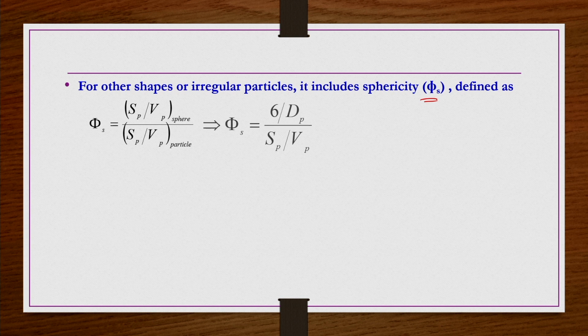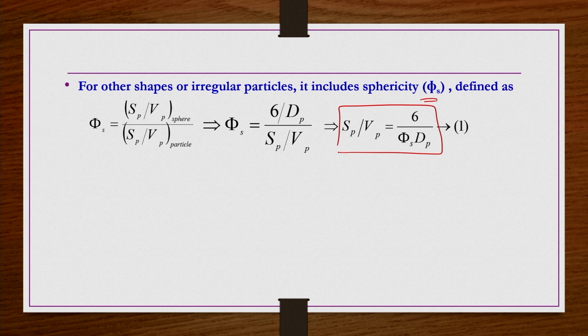So then we have already seen that phi s, for a sphere, is nothing but 6 by dp, and then for the irregular particle the surface to volume ratio we do not know. So let us keep it as Sp by Vp. That means Sp by Vp is equal to 6 by phi s dp.